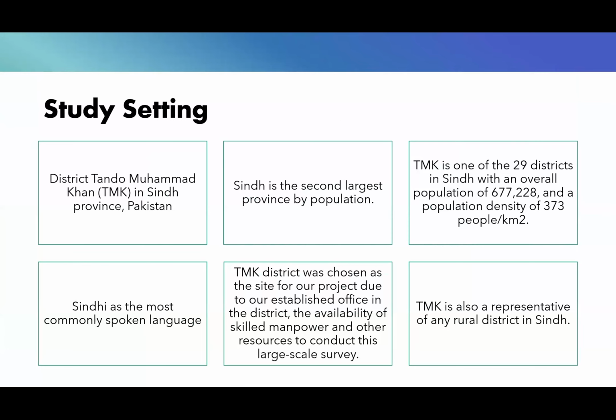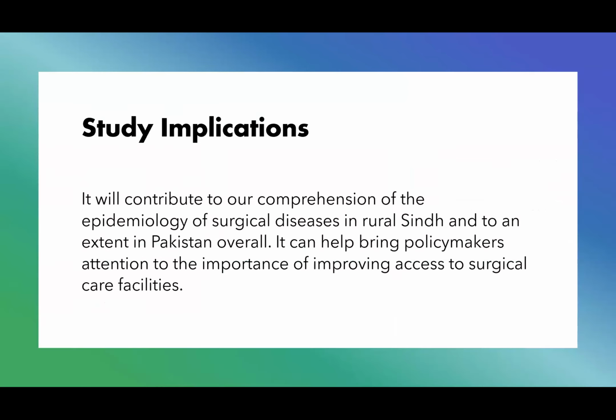Sindhi is the most commonly spoken language, and Tando Mohammad Khan was chosen. Why? Because it was the site of our already undergone project due to our established office in the district and the availability of skilled manpower and other resources to conduct this large-scale survey. And Tando Mohammad Khan is also representative of any rural district in Sindh.